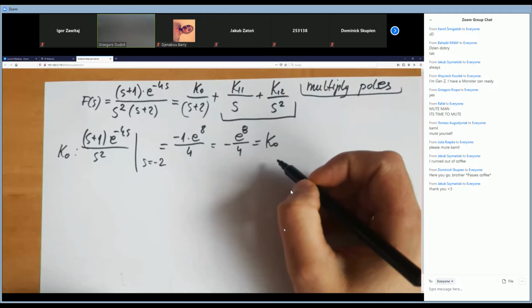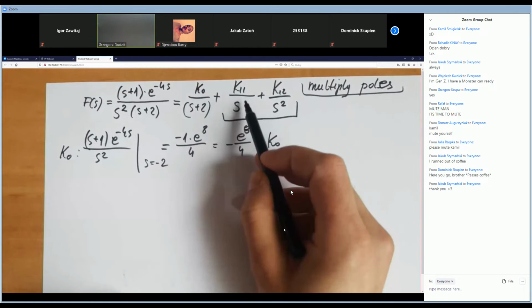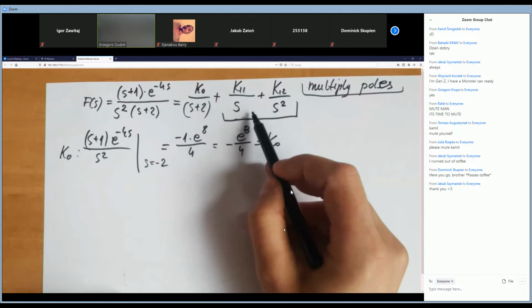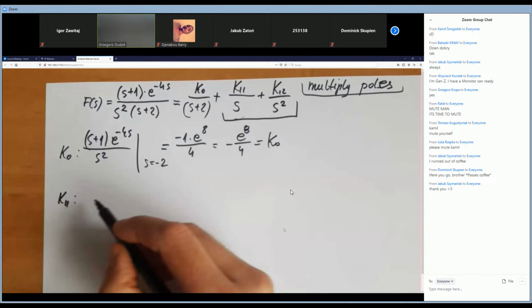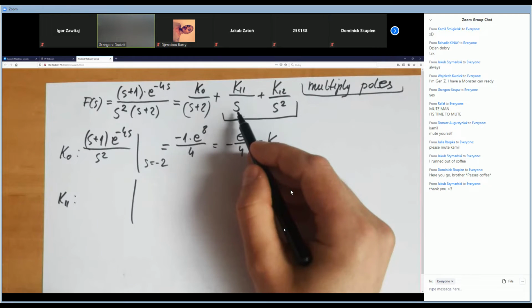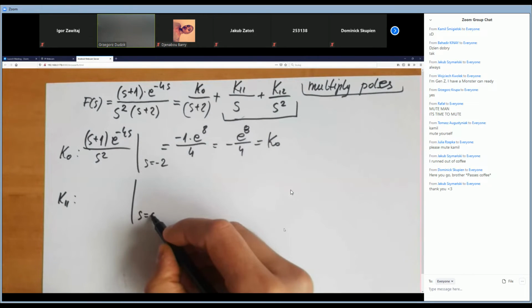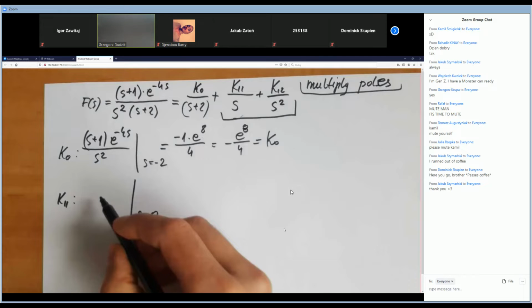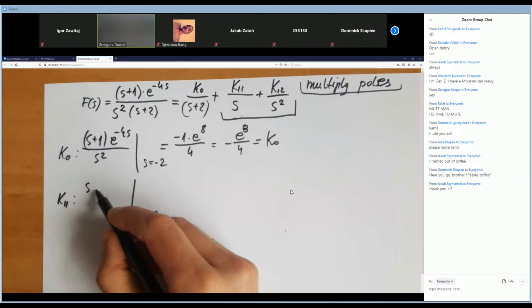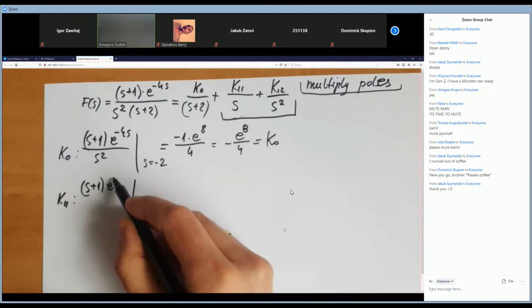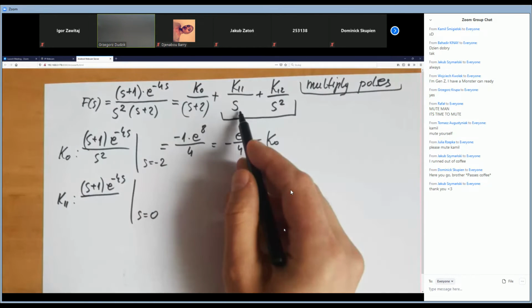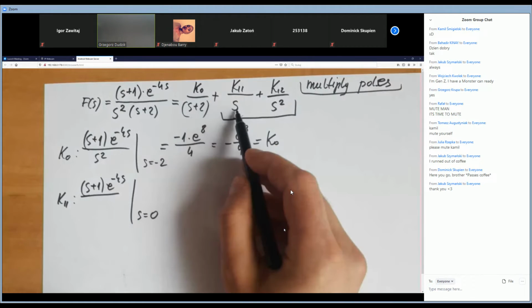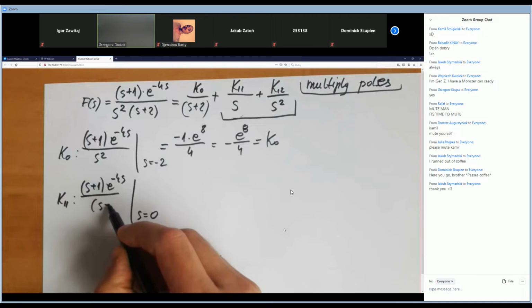Okay. The next one, the pole k11, is also simple. As you see for this one, s is 0. The root is 0. Right. So the F(s) function will be equal to (s plus 1) times e to the power of minus 4s over, without s, however, this is the multiple poles, so it is just s plus 2.